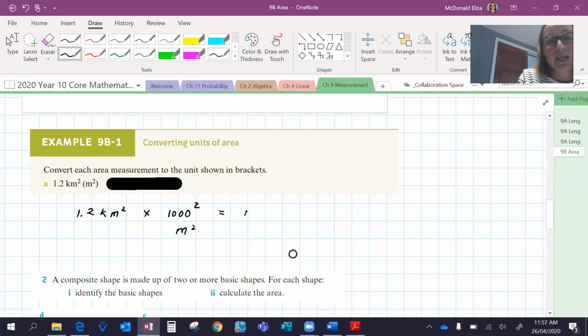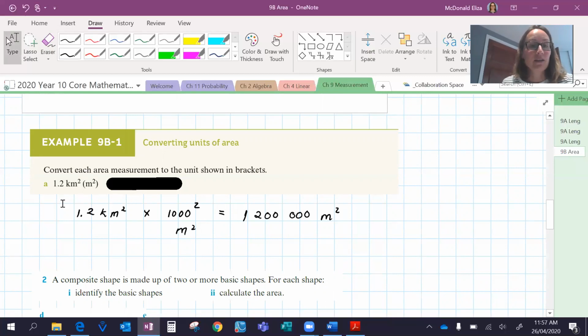If we do that, we end up with 1,200,000 metres squared. With these questions, you need to go slowly and really concentrate and make sure you get the units and the conversion correct.